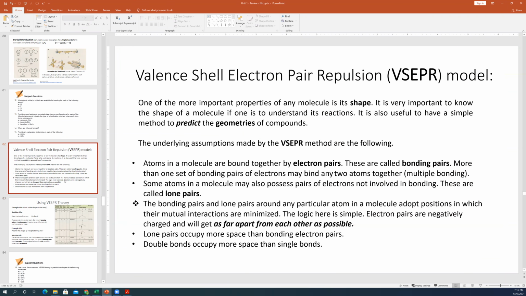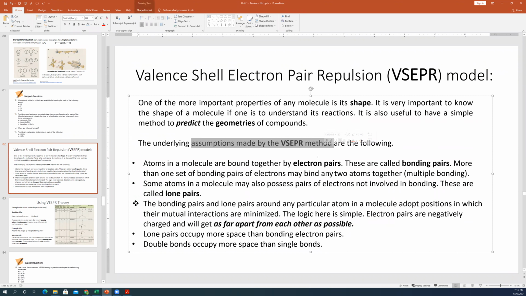So before we do that, let's just review some of the underlying assumptions that go together with this VSEPR method. The VSEPR method is used to predict the shape of the molecule, and the shape of the molecule is very important to how it's going to react with other molecules and how it's going to bond.